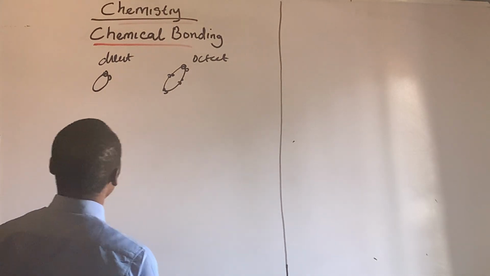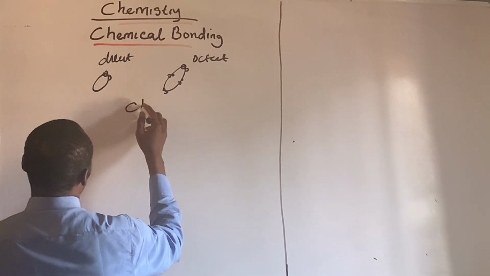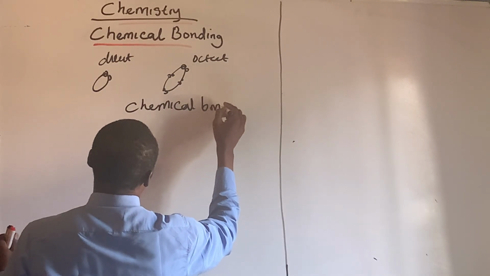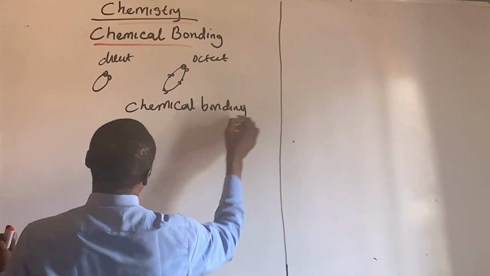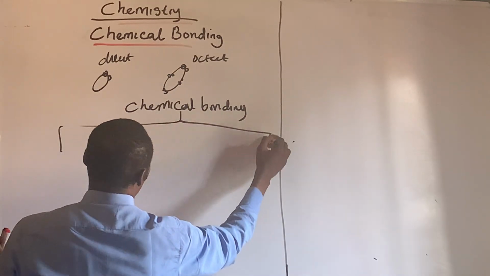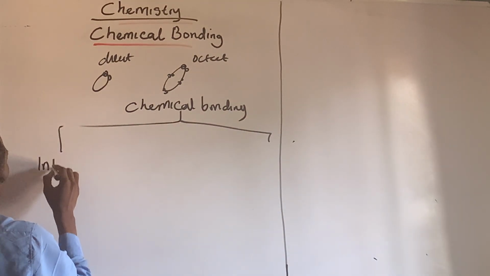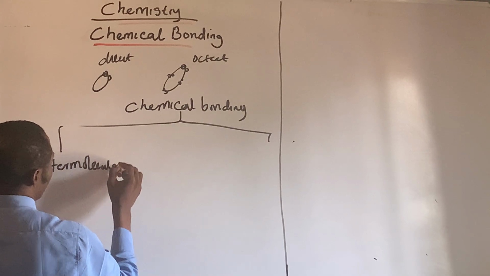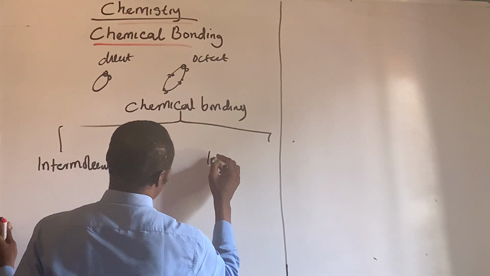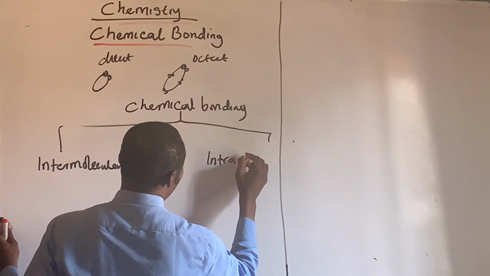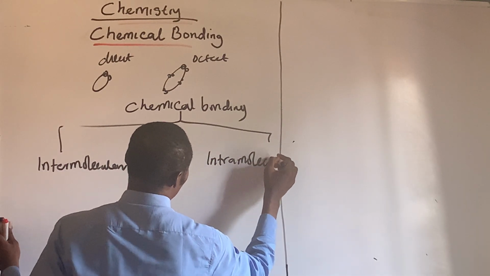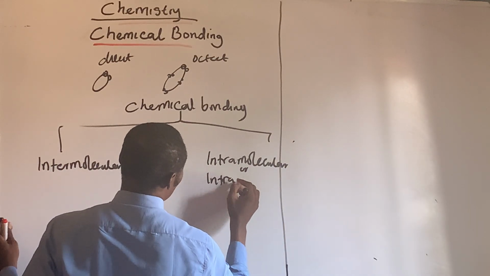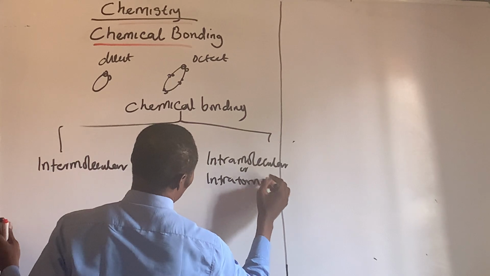Now, chemical bonding is broadly divided into 2. We have 1, the intermolecular attraction, and 2, the intramolecular attraction, or intraatomic forces.